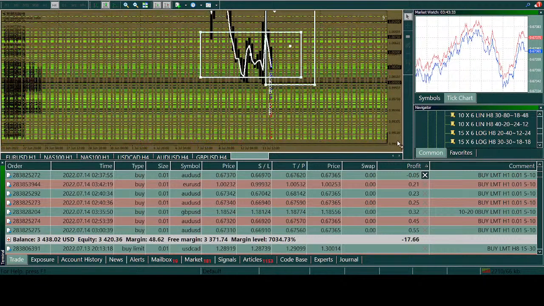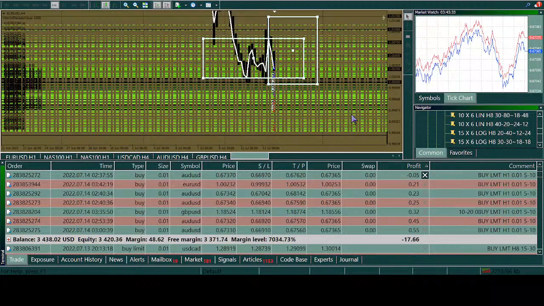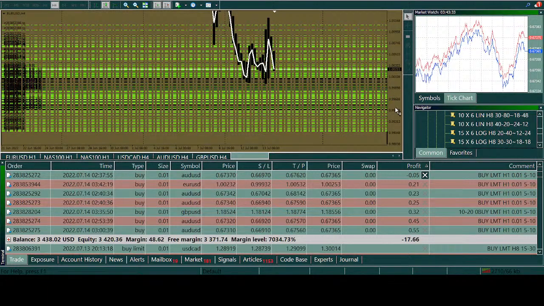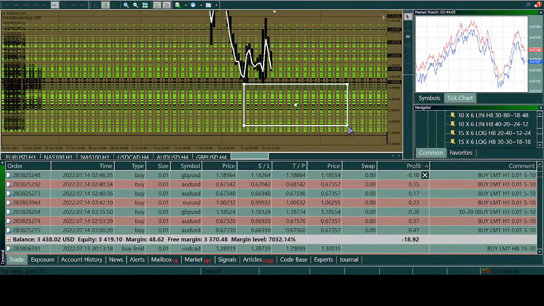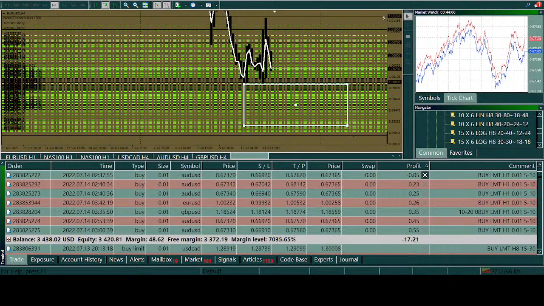The euro's ready to tank again. Let's put a massive ticket rack in here. I'm just going to wait for it. As the kids say, wait for it.